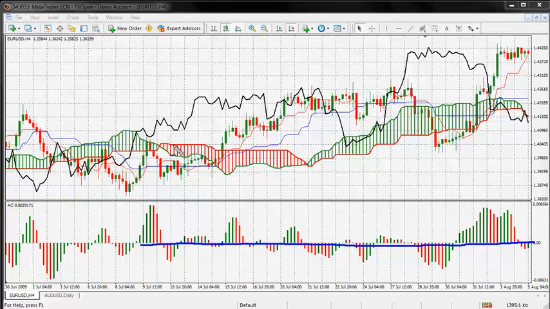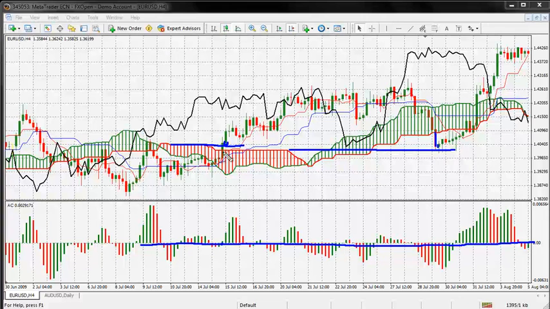So here we have that Kumo break, but we also see an equilibrium level there as well. However, with that equilibrium level there, it's still a buy signal because we're sitting on a support. This sell signal down here didn't work because it was sitting on a support also, and you don't want to take sell signals on support levels.